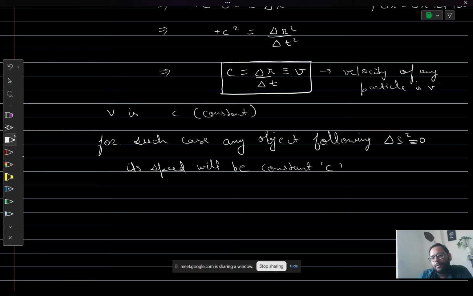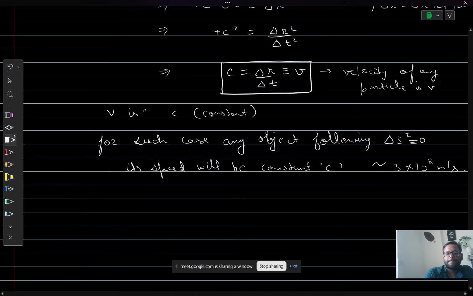If you are taking photons, if you are only talking about light, then its speed will be this c, which is equivalent to 3 into 10 to the power 8 meter per second.